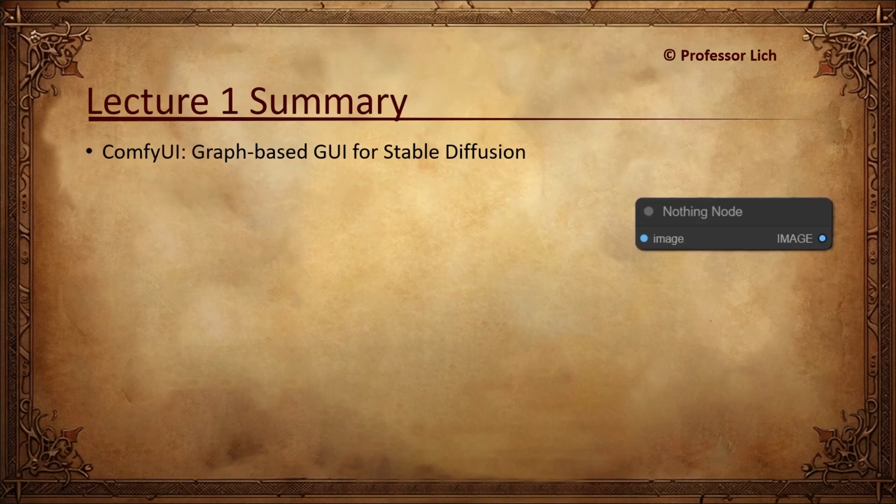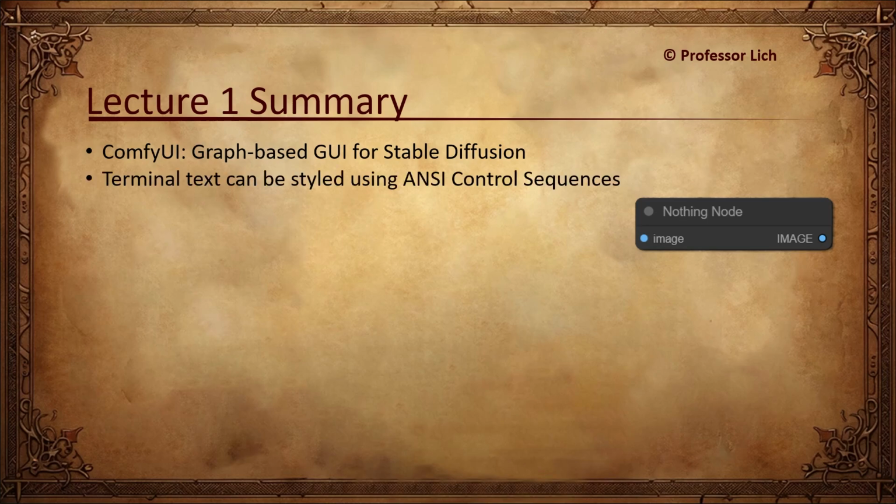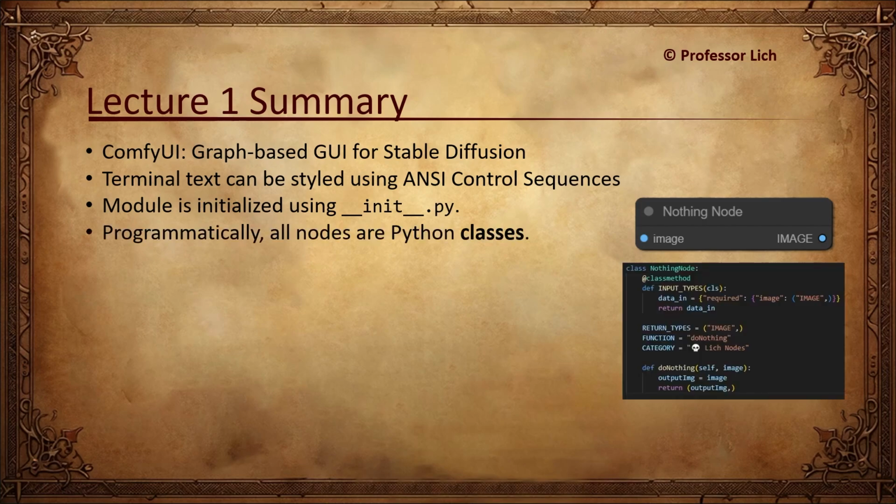So what did we learn today? Comfy UI is a graph-based GUI for Stable Diffusion, but you knew that already, right? Terminal text can be styled using ANSI control sequences. We've seen module initialization and the purpose of the init file.